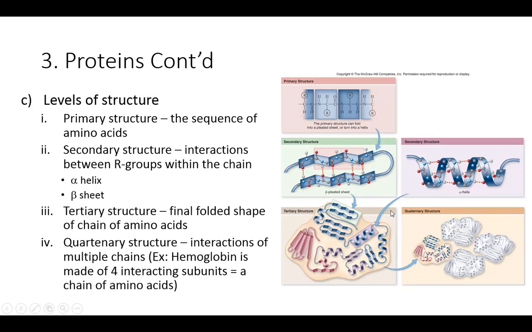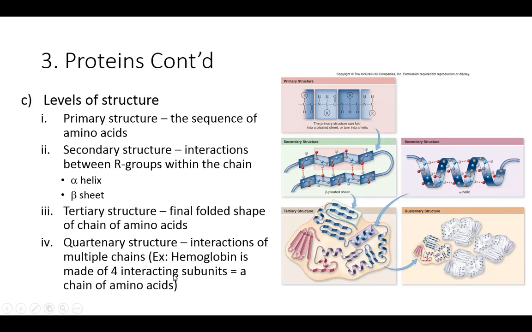Now you may have multiple proteins interacting together as well, and that's going to make up the quaternary structure. For example, hemoglobin, we talked about, is made of 4 globin molecules that are bound together to an iron-containing filament.